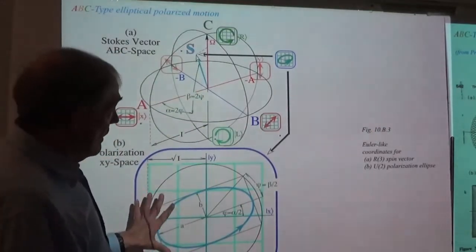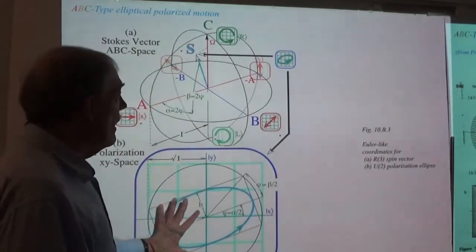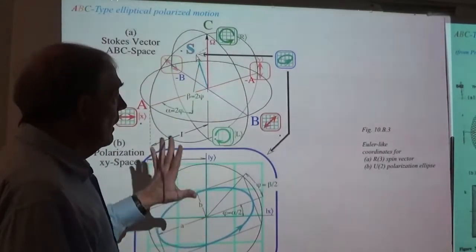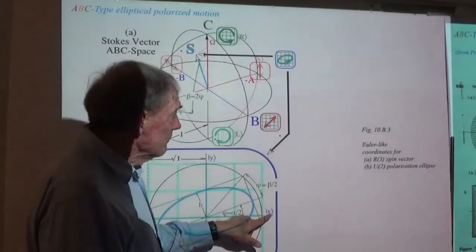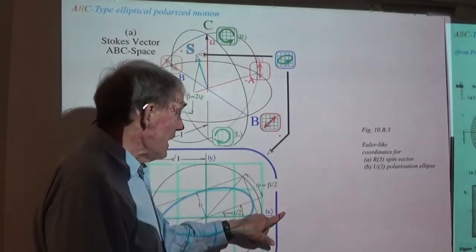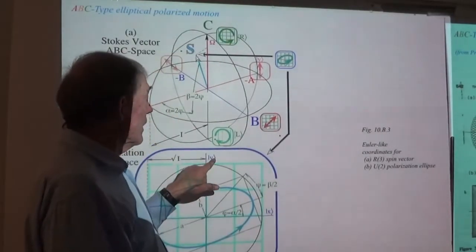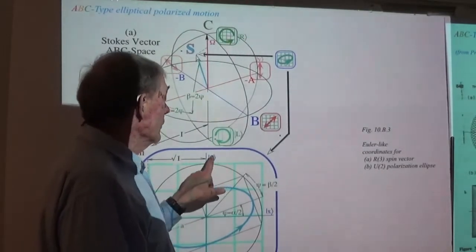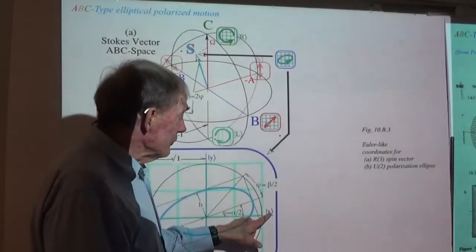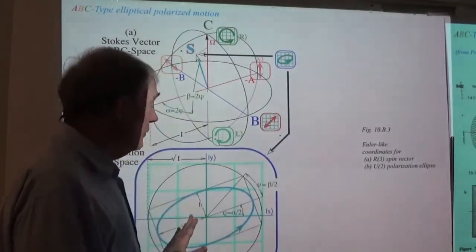So this is the real part of the spinor components. The spinor components, of course, are x1 plus p1 times i, and x2 plus p2 times i. In other words, real and imaginary parts are position and momentum in the two dimensions.